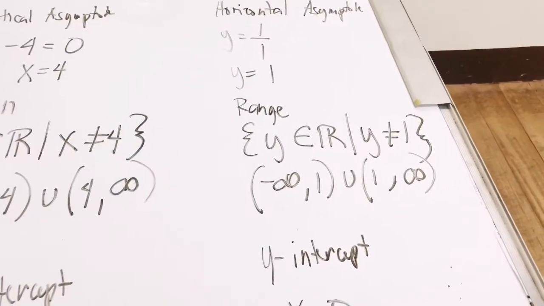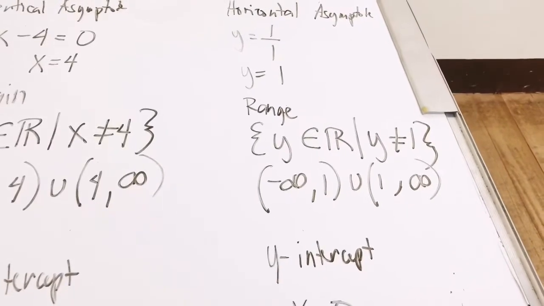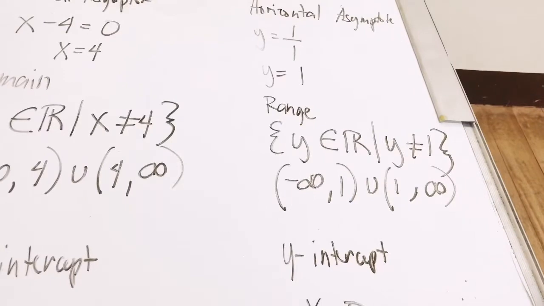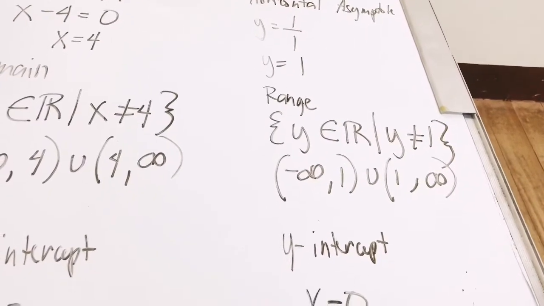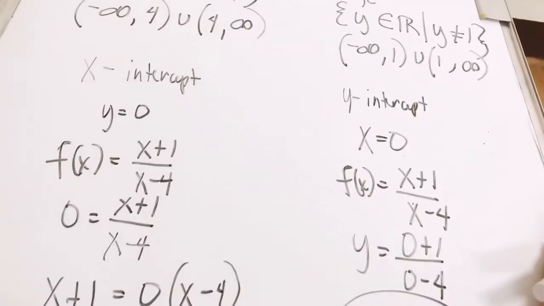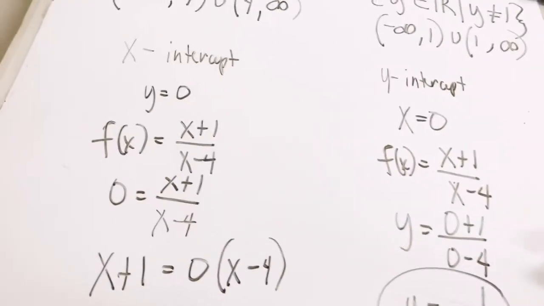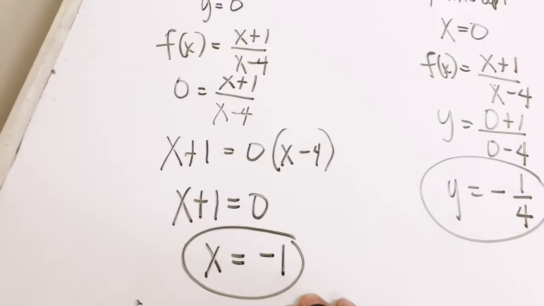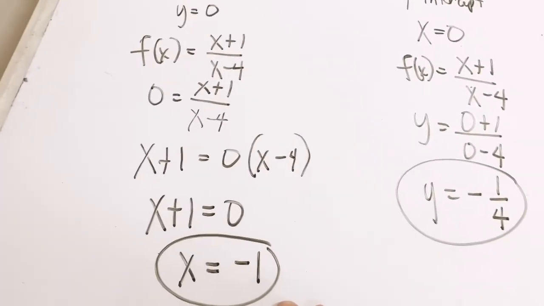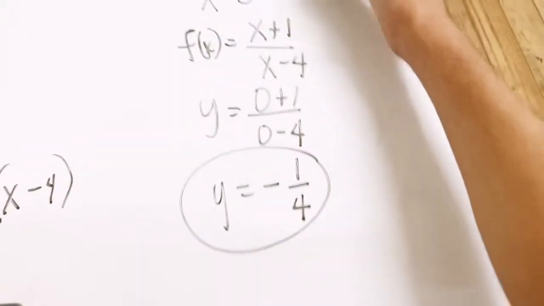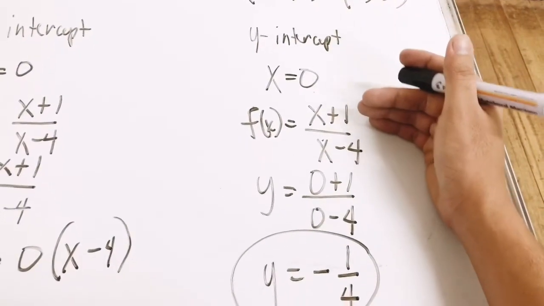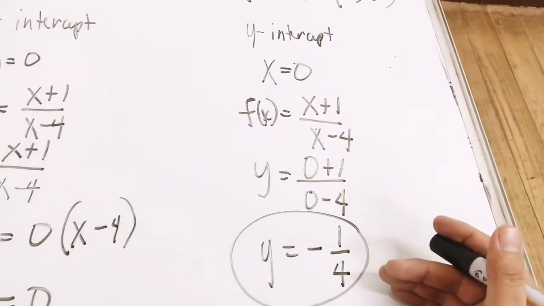While the range is y is an element of real numbers such that y is not equal to 1, then negative infinity to 1, union of 1 to positive infinity. For the x-intercept, equate y to 0, substitute, and we come up with x is equal to negative 1. While for the y-intercept, equate x to 0, we have f of x, then we come up with the answer which is negative 1/4.